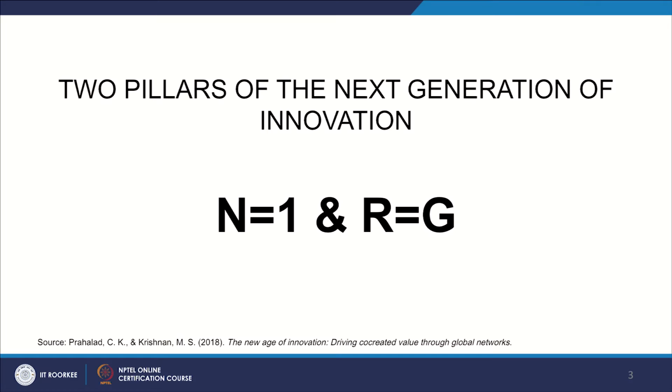They talked about two pillars of the next generation of innovation, and definitely that structure is coming up fast. So, two important aspects or pillars are n is equal to 1 and r is equal to g. We will see what these are.